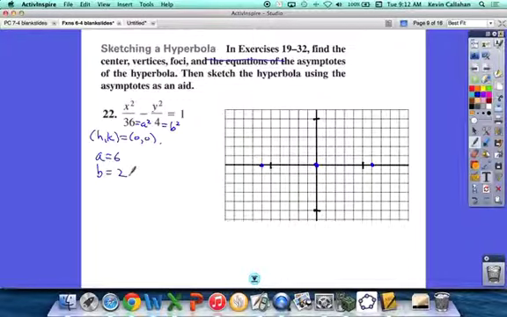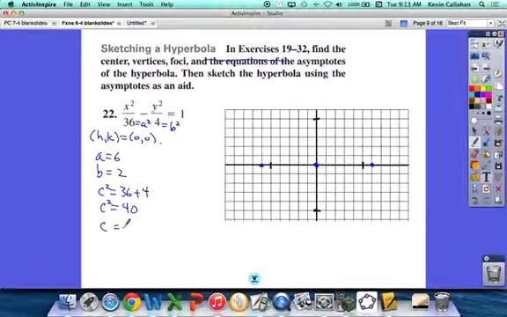And while we're at it, let's just do the C. That was wrong, I started doing the wrong one. C squared equals 36 plus 4, so C squared equals 40.